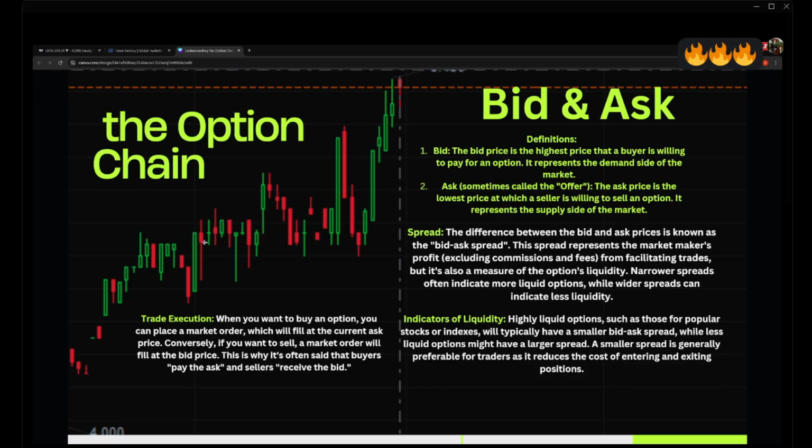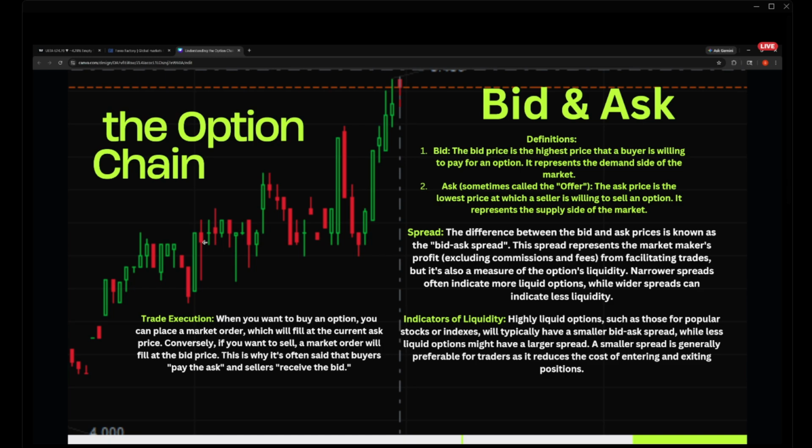So the bid, right? The bid price is the highest price that a buyer is willing to pay for an option. Think about it on eBay, right? The price of something is 200, nobody's buying it, it's just sitting there. So you bid 190, but it's at 200, and that's the ask.